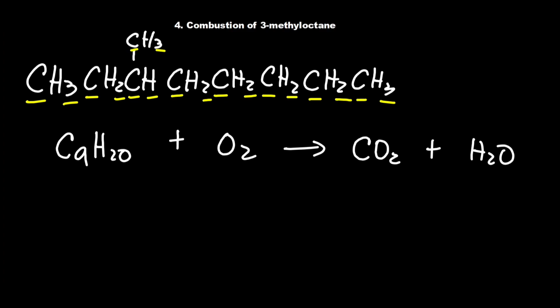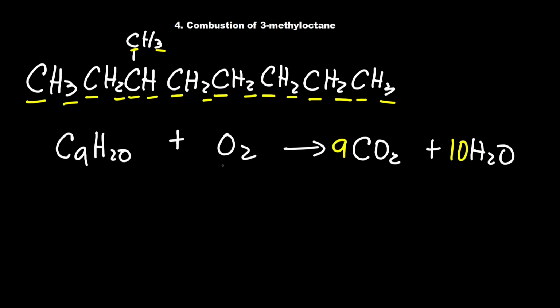And now let us get straight to balancing. We have 9 carbons in the left side, so we need to add 9 here in order to make both sides have 9 carbons. For the hydrogen, we have 20 hydrogen here. We only have 2 in here. So let's put 10 here, so that 10 multiplied by 2 would be 20. So it would be equal.